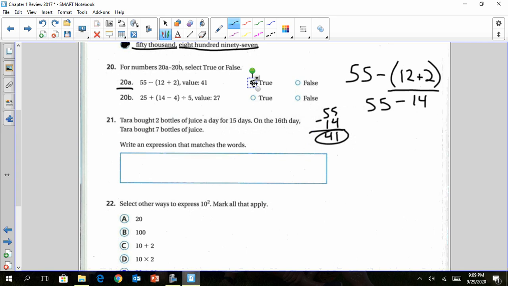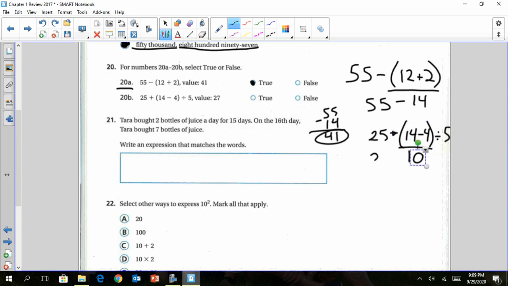For part B, we're going to set up 25 plus 14 minus 4. Go ahead and change the board here. And then we're going to take that answer and divide it by 5. So parentheses first. 14 minus 4 is 10.